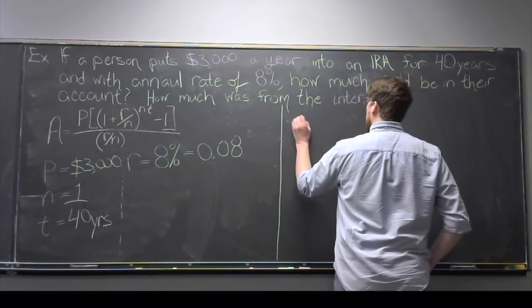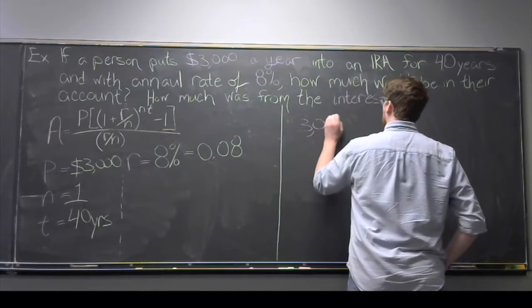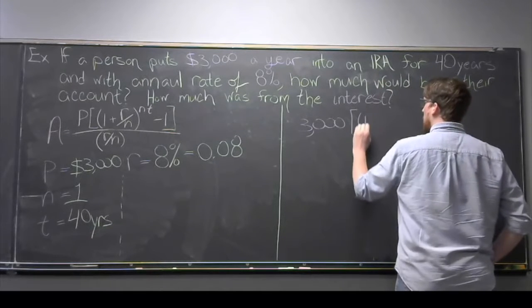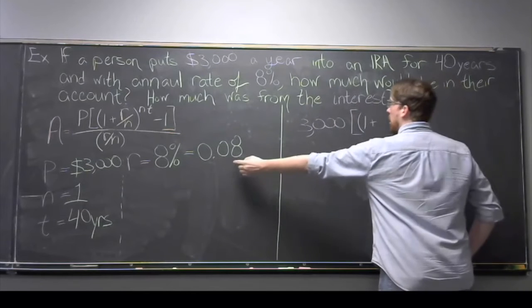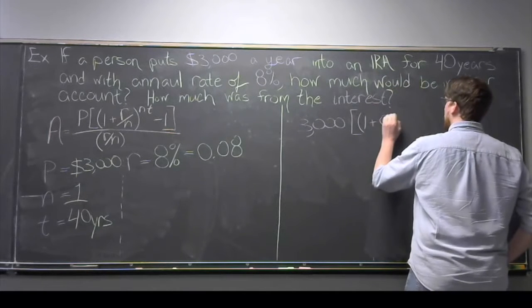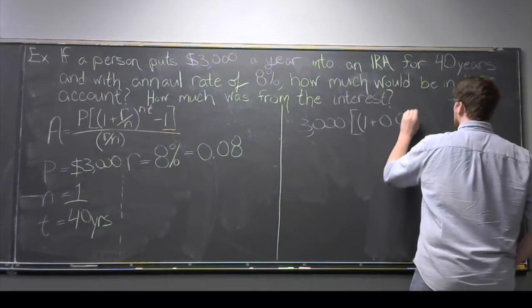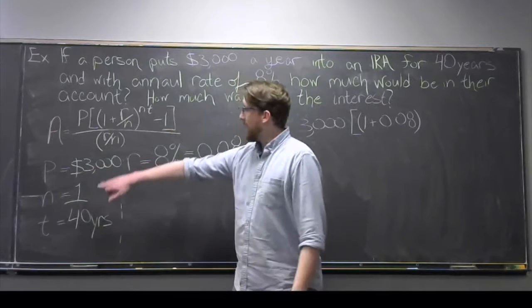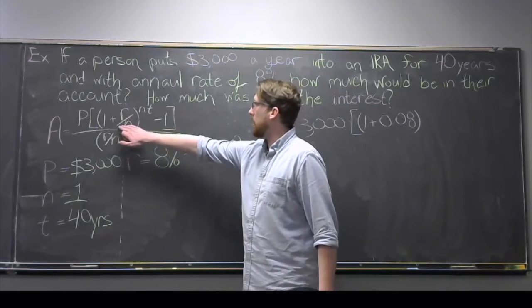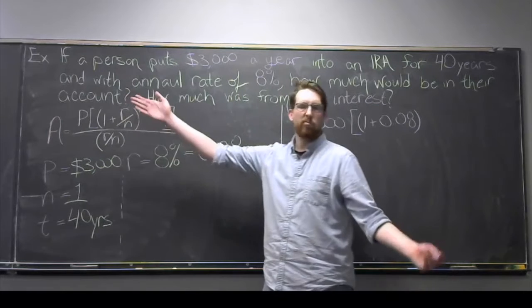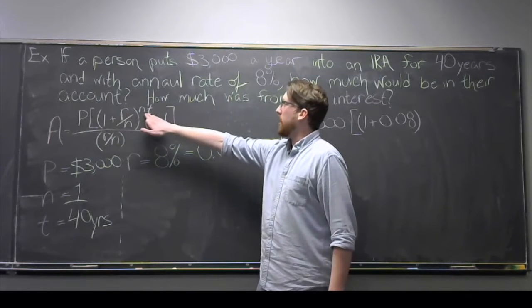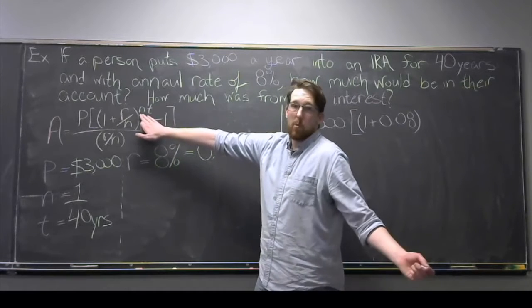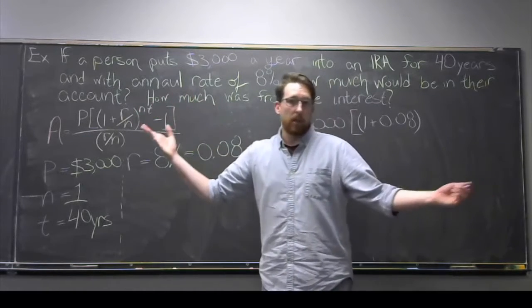We've got 3,000 times 1 plus R, which is 0.08. Since n is 1, we don't have to worry about writing out that fraction, and we don't have to write it as our exponent, because 1 times anything is whatever that thing was.